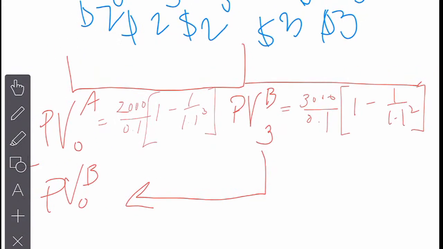So whatever you get there, this is a 0, right? Whatever you get there, then you discount that and put it here. So get an answer here and you can put it in store 1. Get an answer here and put it in store 2.